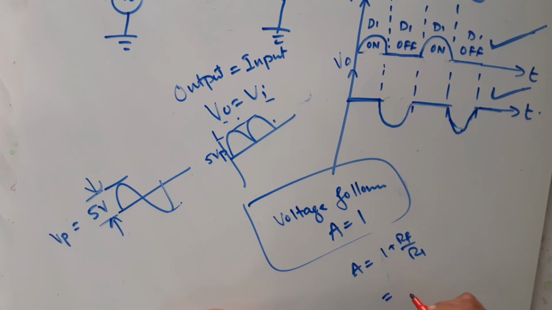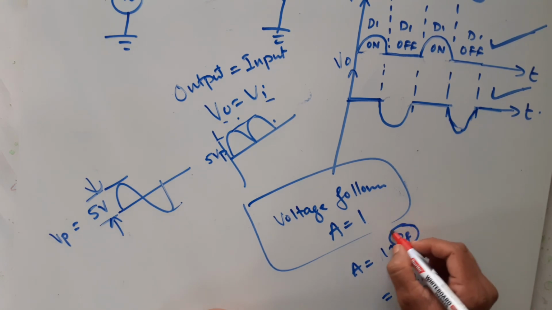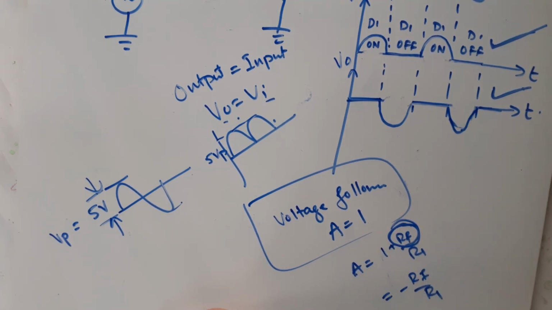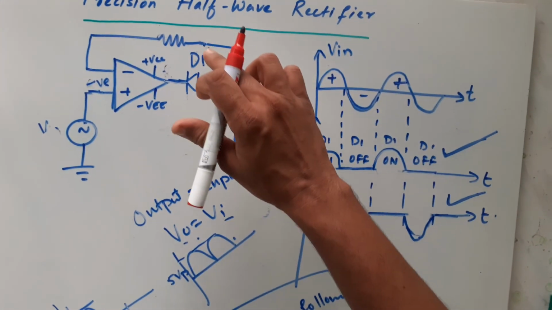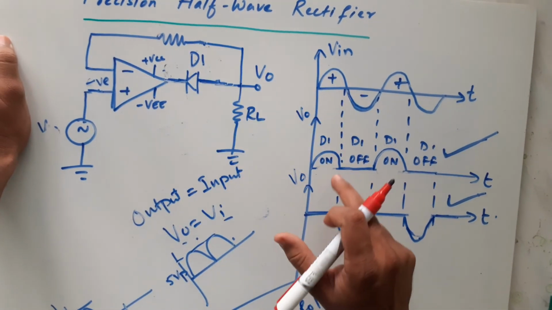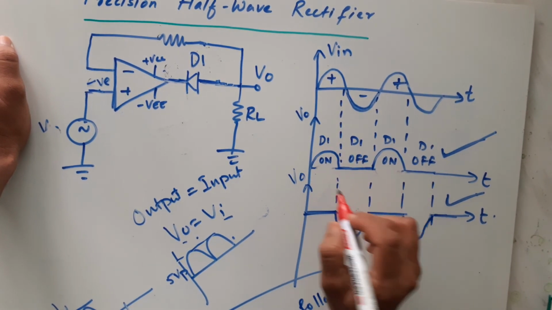And for inverting, it is given as minus Rf by R1. So what is important here? Feedback resistance. If we add our feedback resistor here in our circuit, then the amplitude of your output waveform will increase.